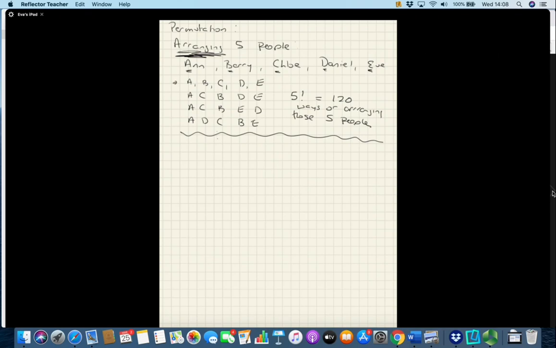Okay, combination then. Choose a team of 3 people from Anne, Barry, Chloe, Daniel, Eve.